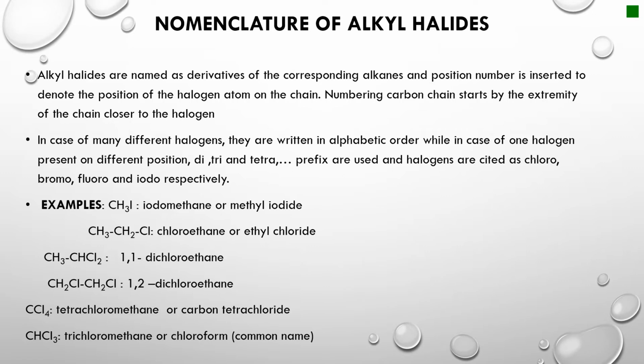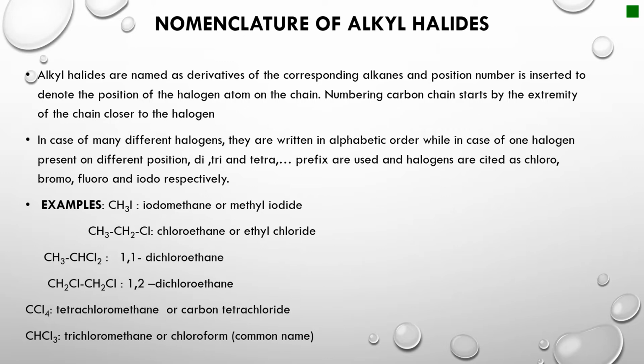Numbering a carbon chain starts by the extremity of the chain closer to the halogen. This is what we have called the lowest locality rule. In the case of many different halogens, they are written in alphabetic order, while in the case of one halogen present on different positions, the prefixes di, tri, tetra, and others are used to indicate how many halogens are in the chain.